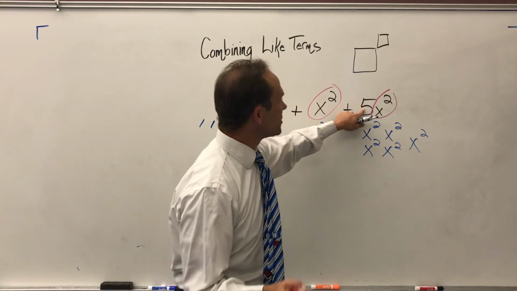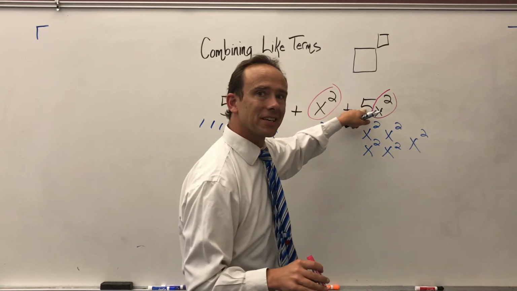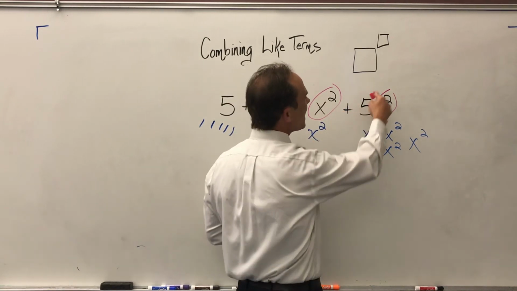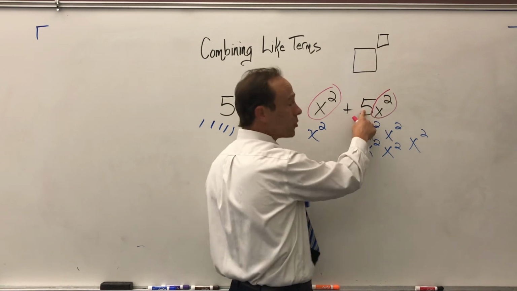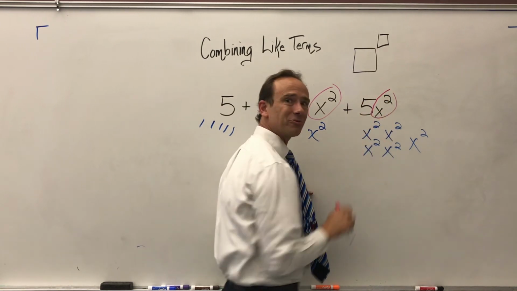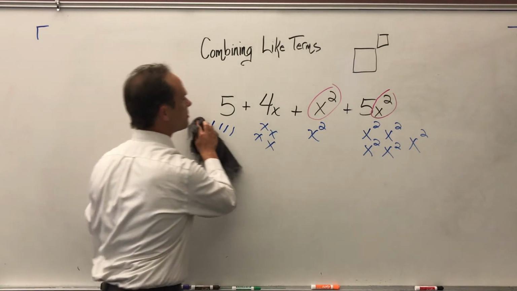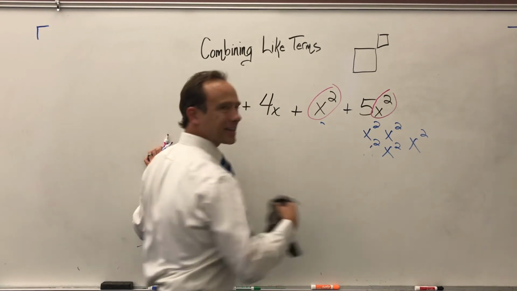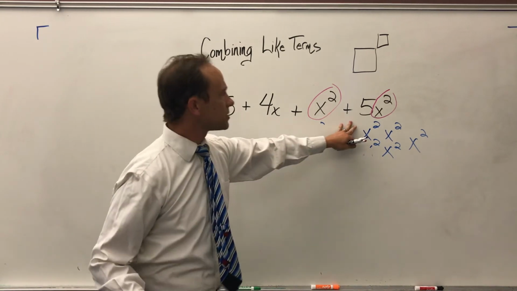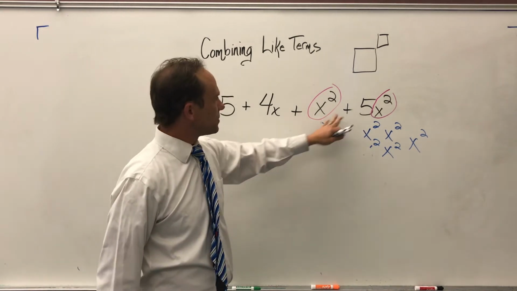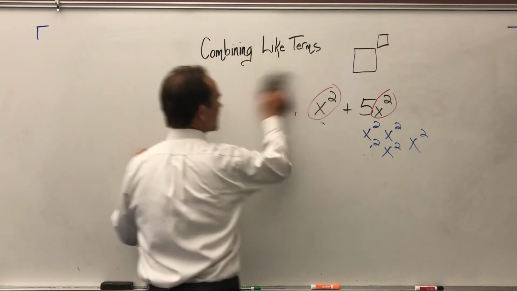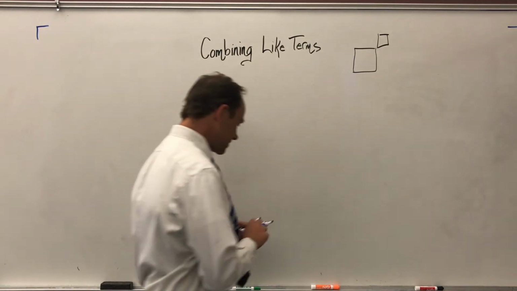This number is the coefficient. And so it doesn't really matter that it doesn't have an exponent because it's only telling you how many of those you've got. By the way, this equals 6x squared, right? 1 plus 5, you got 6.